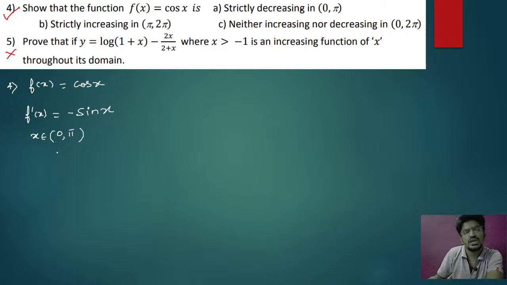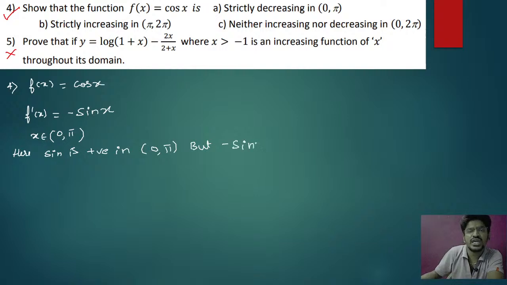So see, if x belongs to 0 comma pi, here you can observe that sin is positive in 0 comma pi, that is first and second quadrant. But what happens?